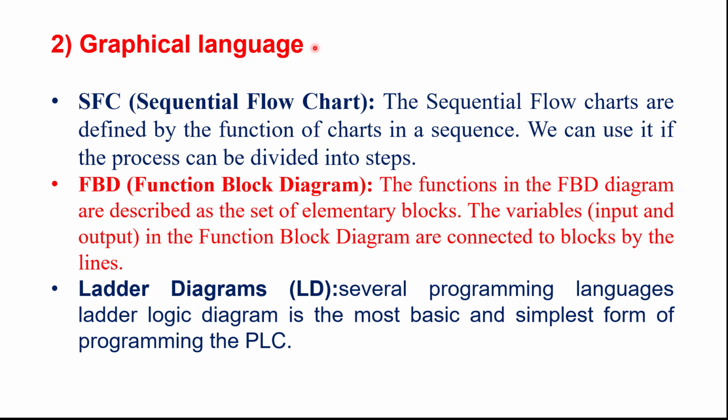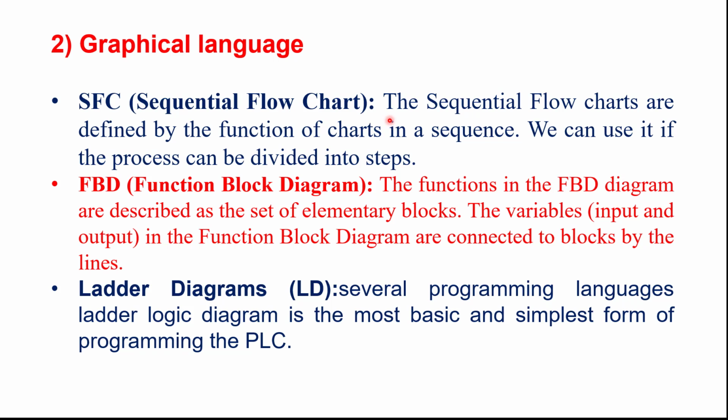Next is graphical language. As I have already told, in graphical language all the instructions and commands are given in graphical form. There are 3 types of graphical language. First is sequential flow chart. Sequential flow chart is just like the basic flowchart language.